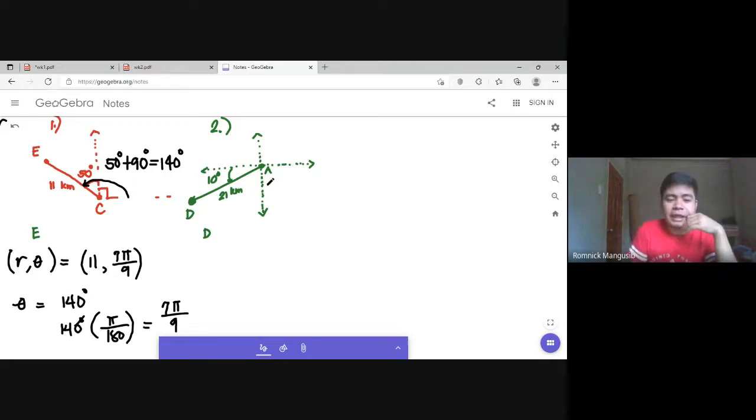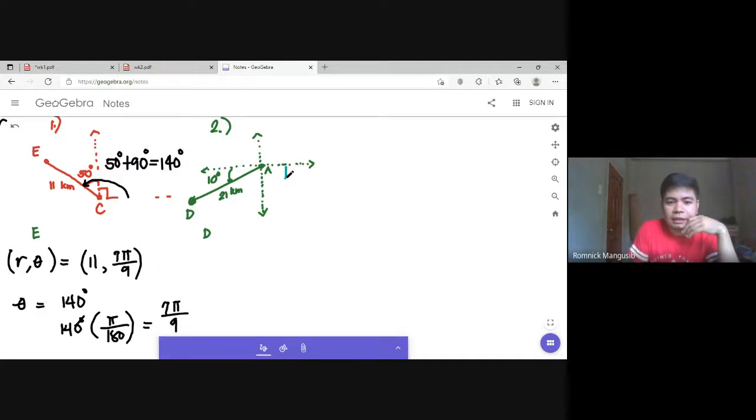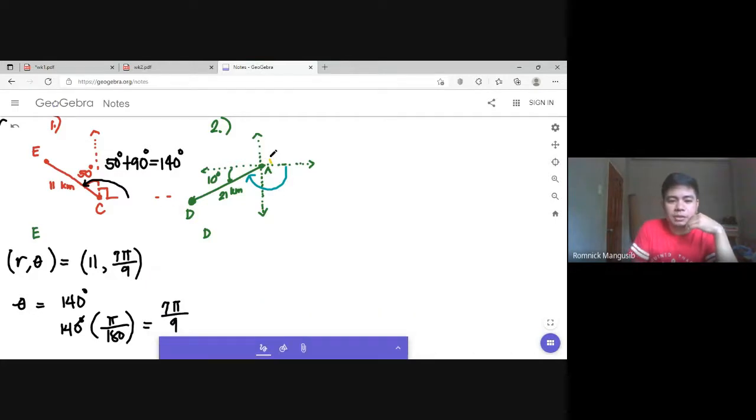Okay? Next is the coordinates of point D, and to get the coordinates, tandaan mo na that can be illustrated counterclockwise or clockwise. I have two options. Pwede siyang counterclockwise and the other is clockwise.